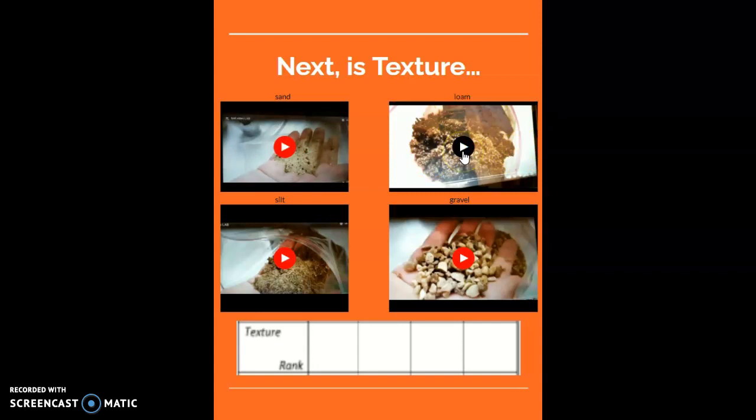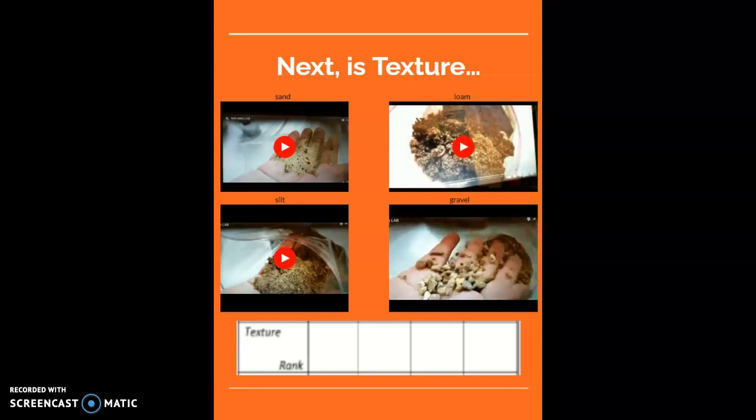And then on the top right, we have the loam. One more time. The bottom right, we have the pea gravel. And one more.